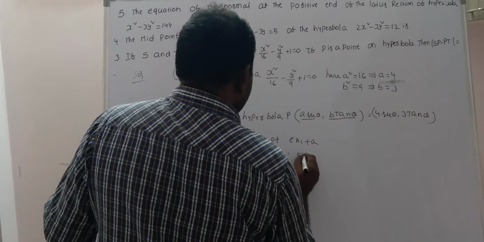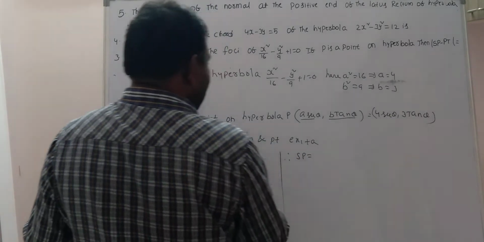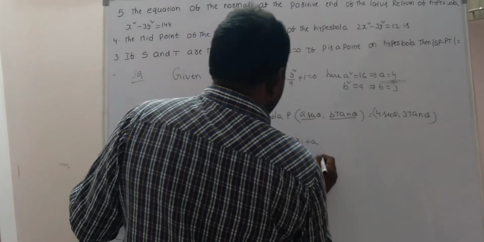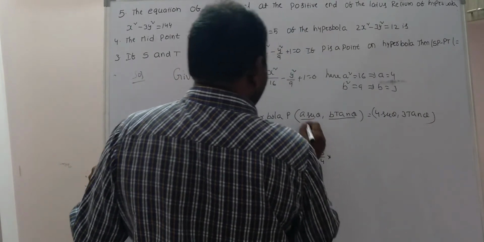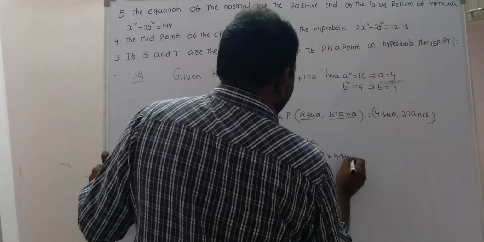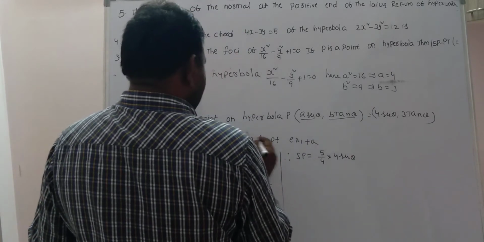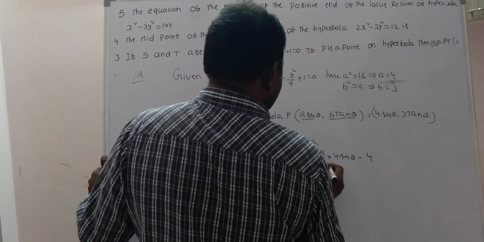Therefore, SP is equal to EX1 minus A. E is 5 by 4, into X1, which is 4 secant theta, minus A, that is 4. This is the value of SP.